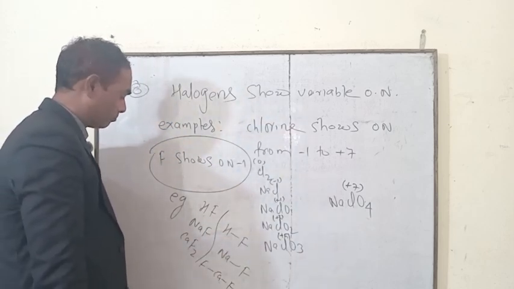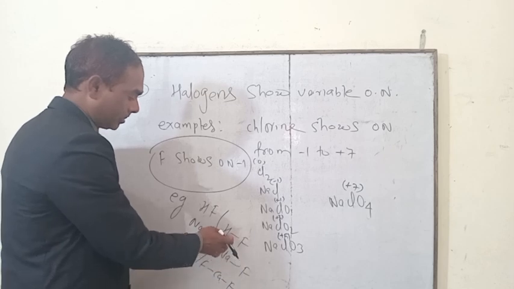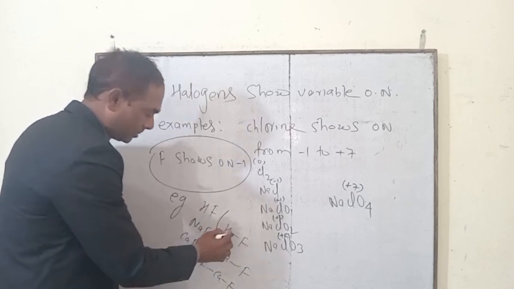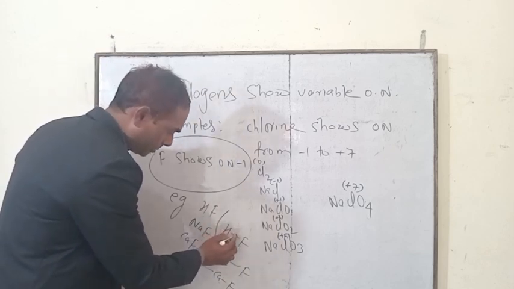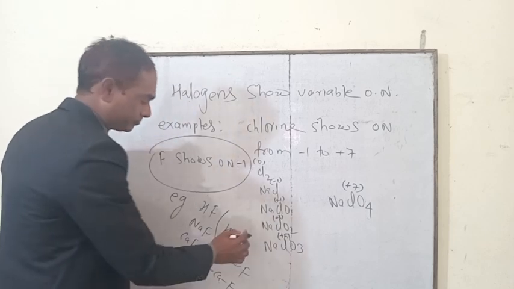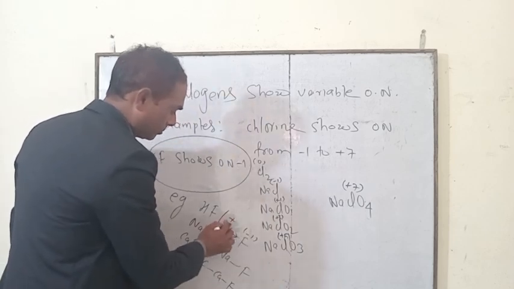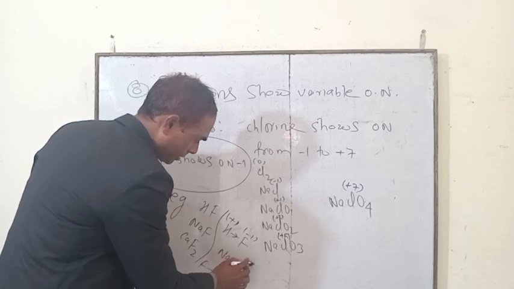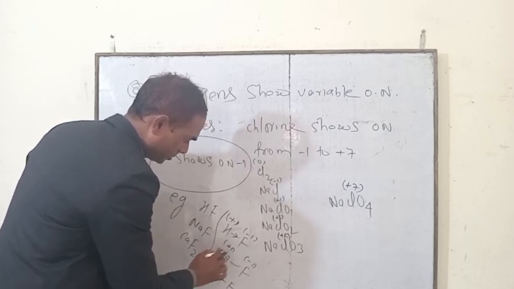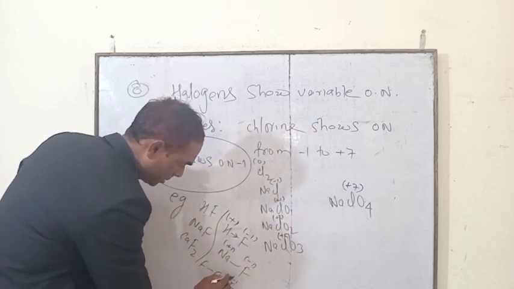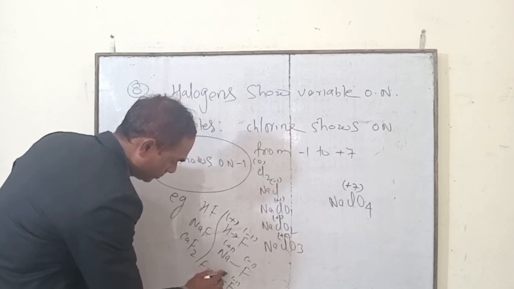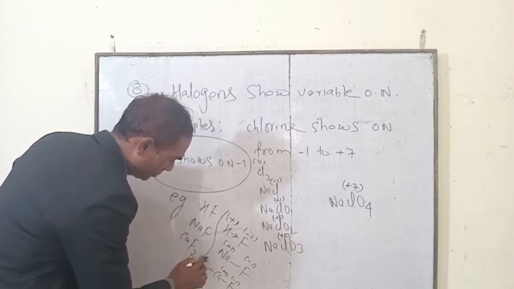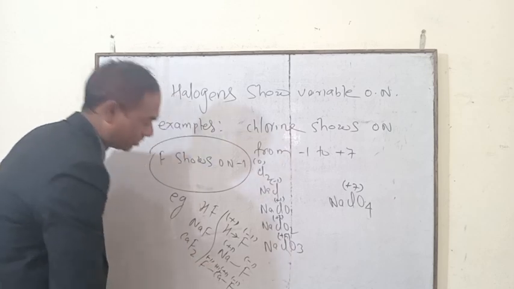Fluorine being more electronegative than hydrogen, here the shared pair of electrons is more attracted toward fluorine. -1, +1, here -1 and +1.